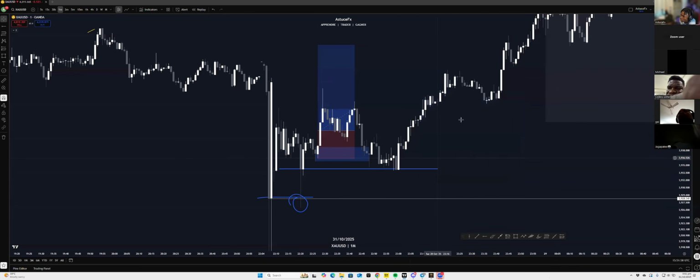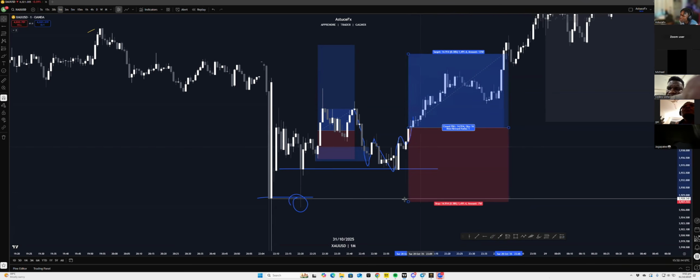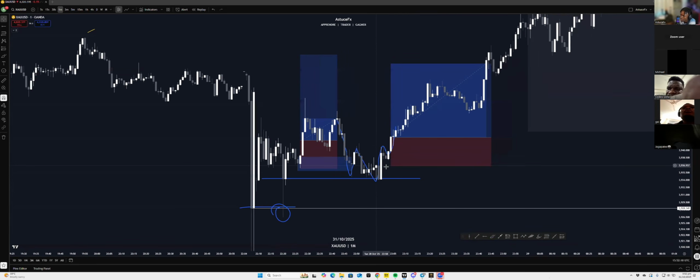So I waited for price to at least give me a reason. If you read the market going down here, you can see that price is doing this, and then from here, price broke this high here. As soon as price broke this high, that was when I had my buy. So I had my buy somewhere right here, and then I had my stop loss somewhere down here.